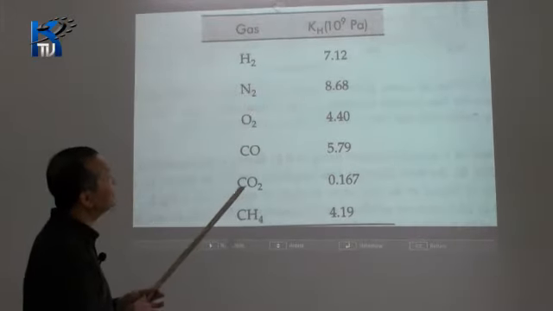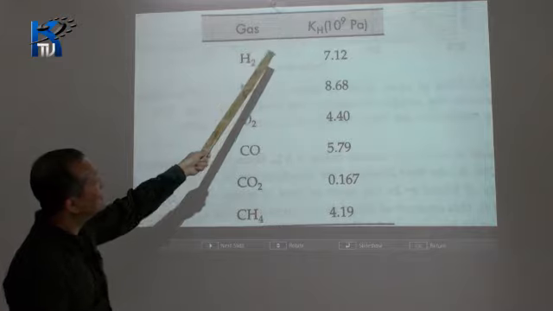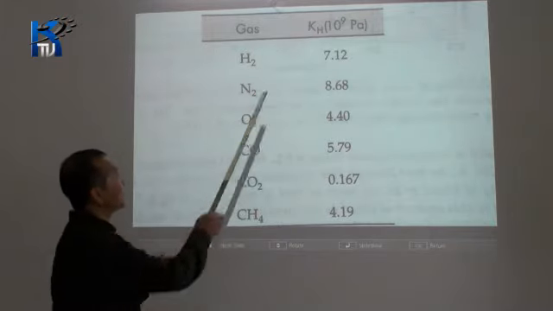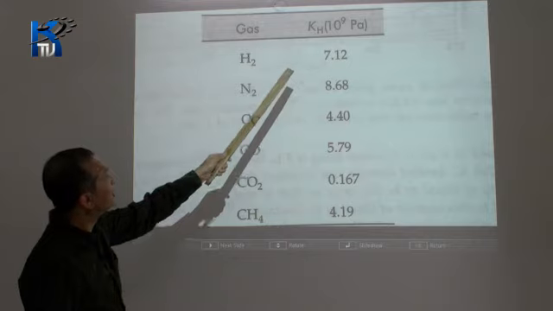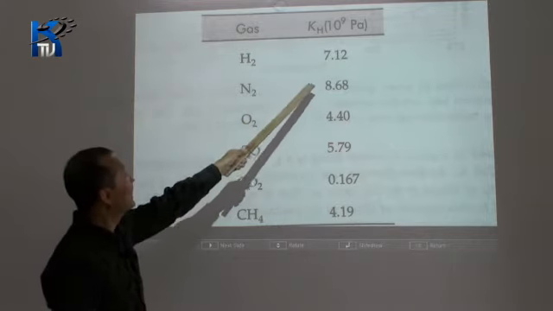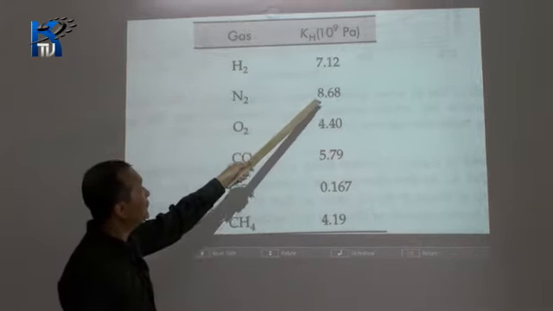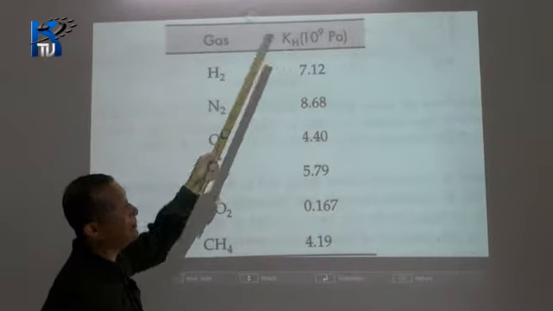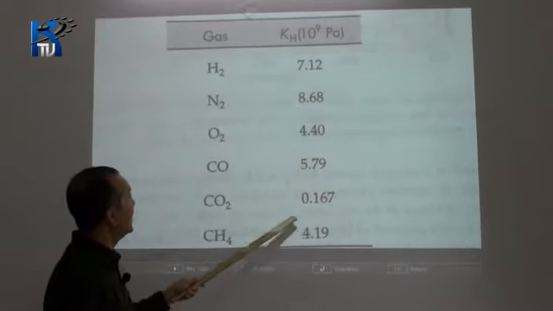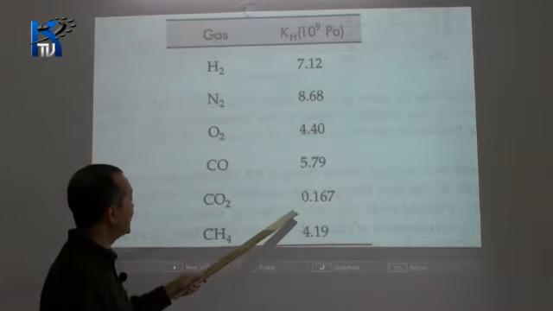All the values are expressed in pascals. The first one is hydrogen, 7.12 into 10 to the power of 9 Pascal. The second one is nitrogen, 8.68 into 10 to the power of 9 Pascal. Similarly, we have many other gases including carbon monoxide, carbon dioxide, and methane.